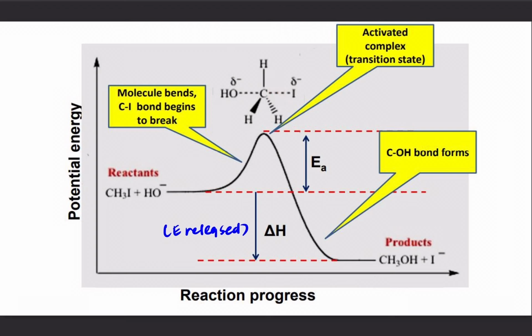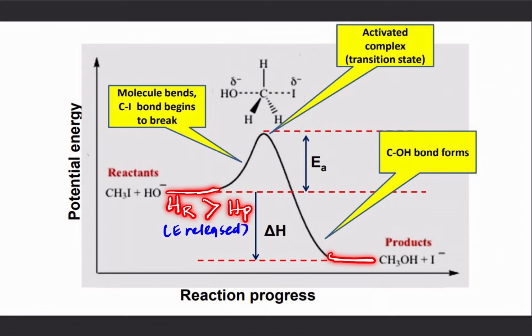Okay, so let's say if your reaction decides to progress, then you will go down and form your product, methanol and iodide ion. In that process, you will be releasing energy. You will release heat, so your delta H will be negative. How do you know that? You will know that because the enthalpy of your reactants will be higher than the enthalpy of your products.